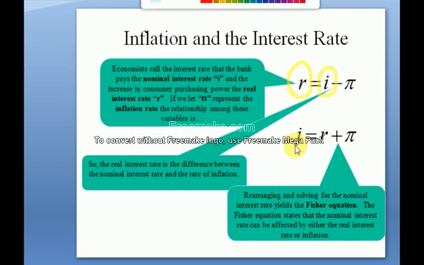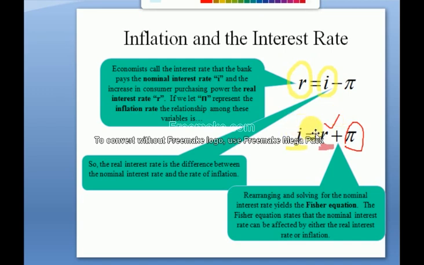But in the case of the nominal interest rate, which is I, this I is the combination of R, the real interest rate, plus pi. Pi here is the inflationary effect and R is the real interest rate.